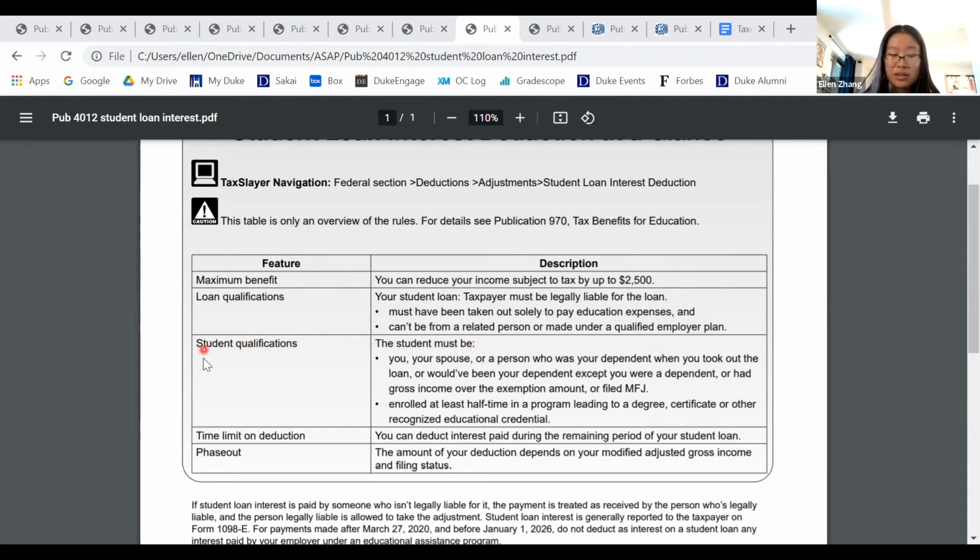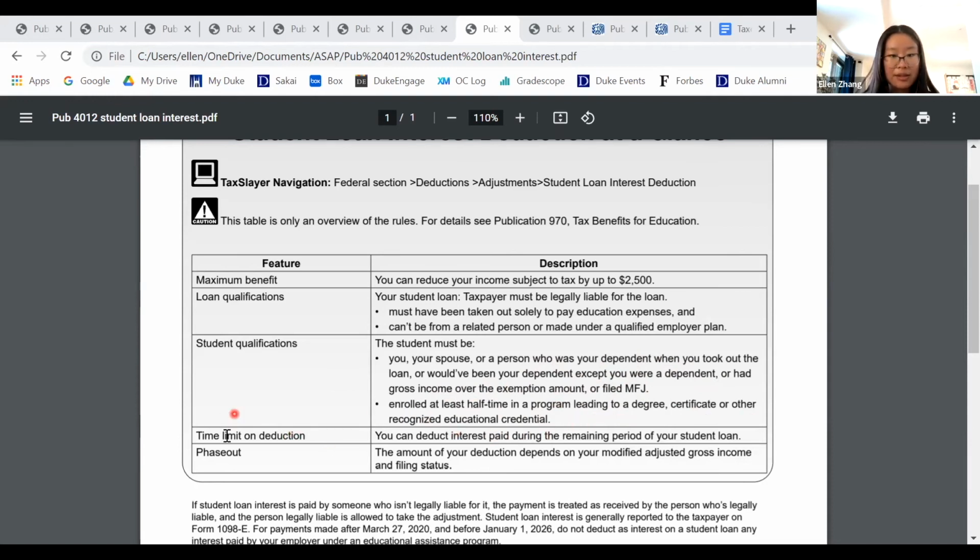And for the student who's taken out this loan, that student must be either you, your spouse, or a person who was your dependent when you took out the loan, or would have been your dependent, except for you were the dependent, or if you had gross income over the exemption amount, or if you filed married filing jointly, which is the MFJ here. The student must also be enrolled at least half-time in a program leading to a degree, certificate, or other recognized educational credential.